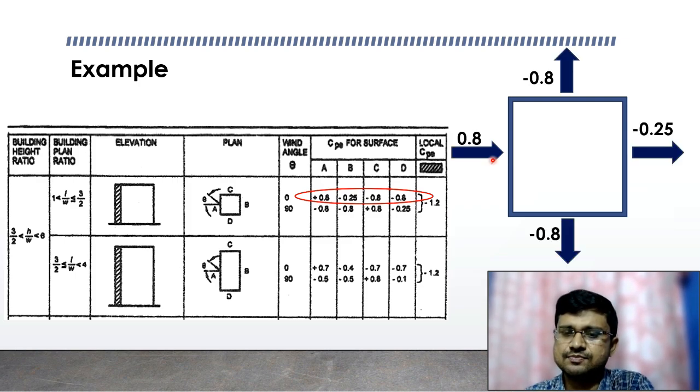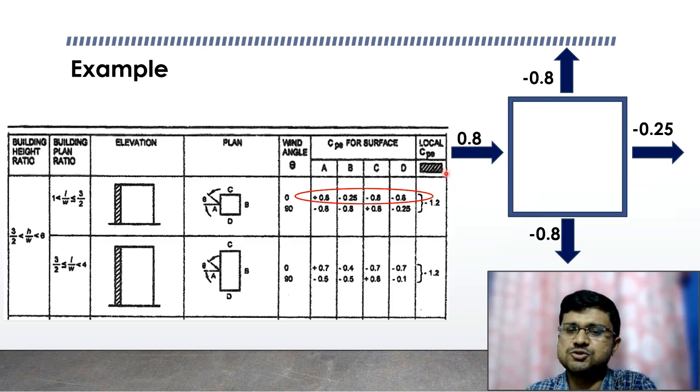Now for this case, you can see that face A is the windward face. Here Cp value is 0.8. So positive 0.8 means it is actually pressure acting over this surface. And for face B, which is the leeward side, the value is minus 0.25. That means this is suction over this surface. And for the side faces C and D, the Cp value is minus 0.8.